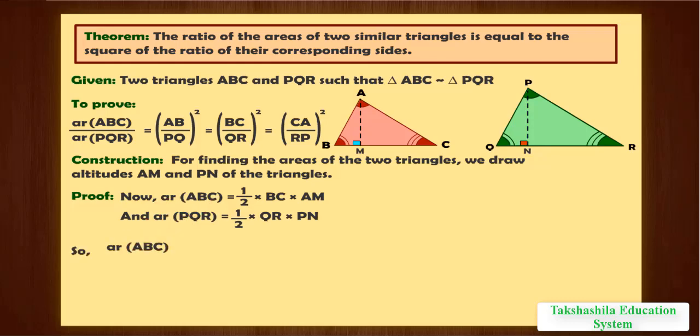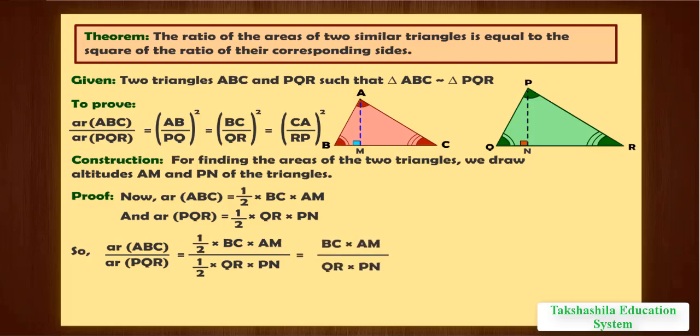So, area ABC upon area PQR is equal to 1 upon 2 into BC into AM upon 1 upon 2 into QR into PN is equal to BC into AM upon QR into PN. This is equation 1.